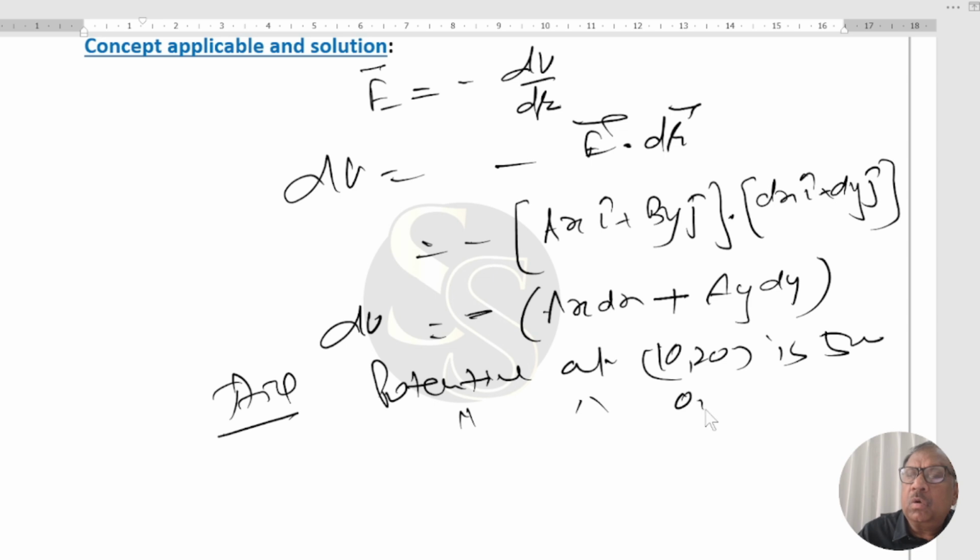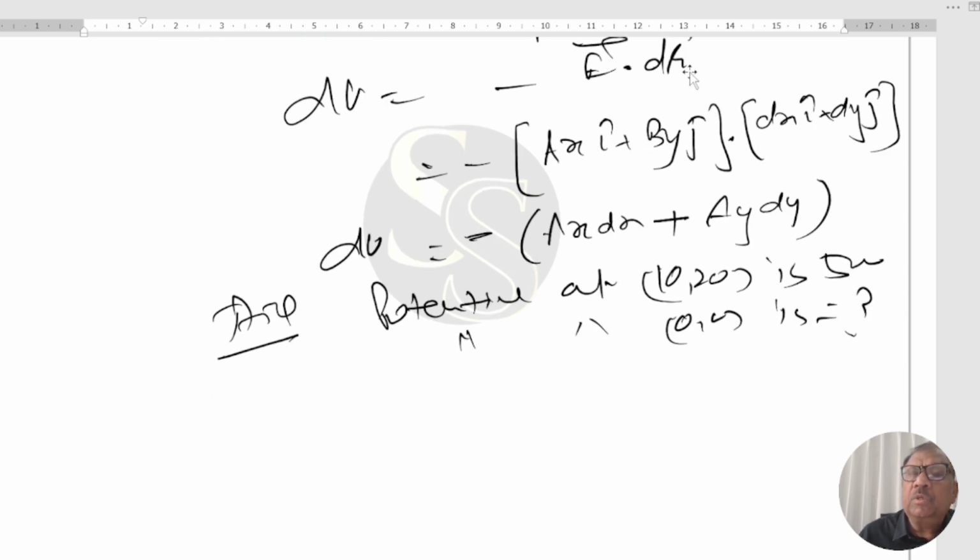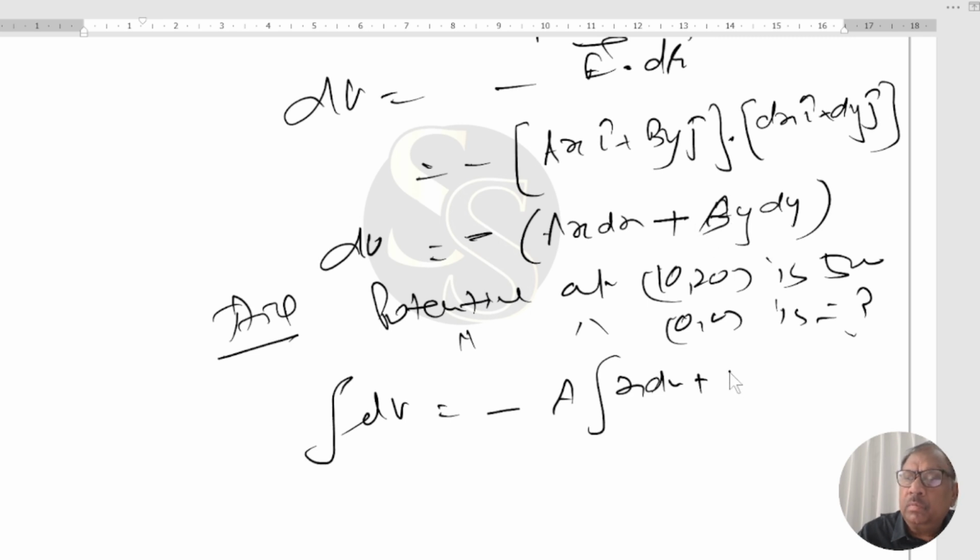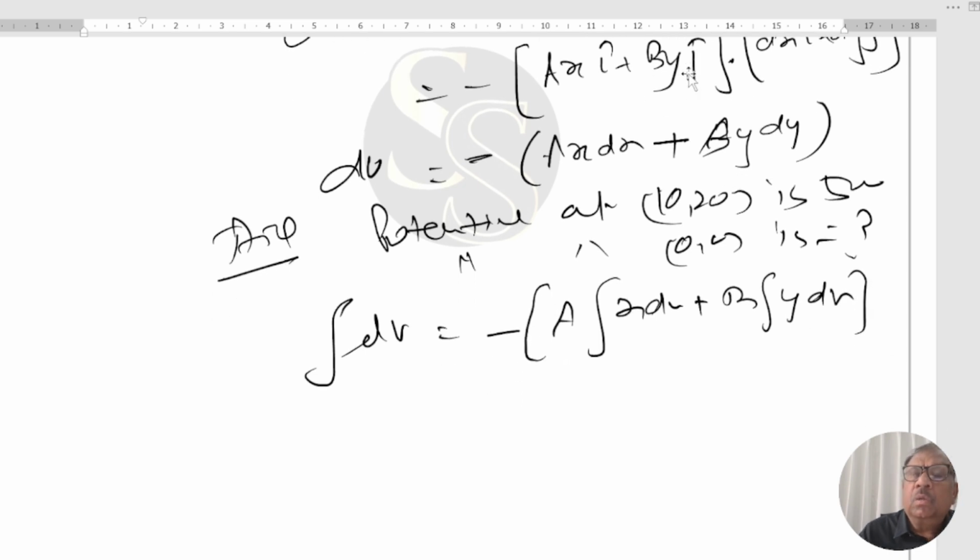Potential at origin is to be determined. It means integrating both sides, minus the integral of AX dx plus BY dy. So this is the lower limit, this is the higher limit.